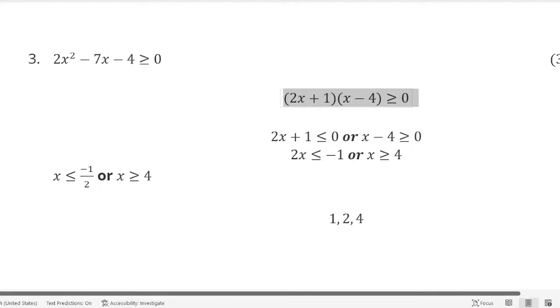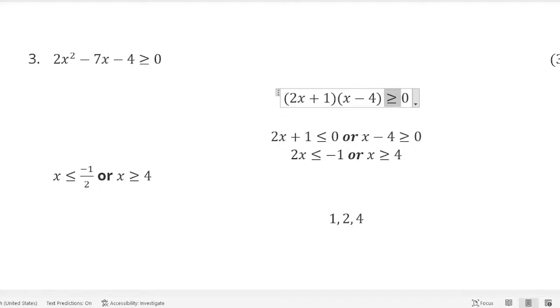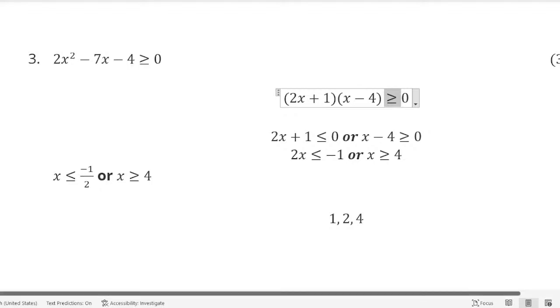So here we say 2x plus 1 is less than or is equals to 0, or x minus 4 is greater than or is equal to 0. So when you're having a greater than, you have to say x should be greater than the big number, or x should be smaller than the smallest number. That's how you do it.